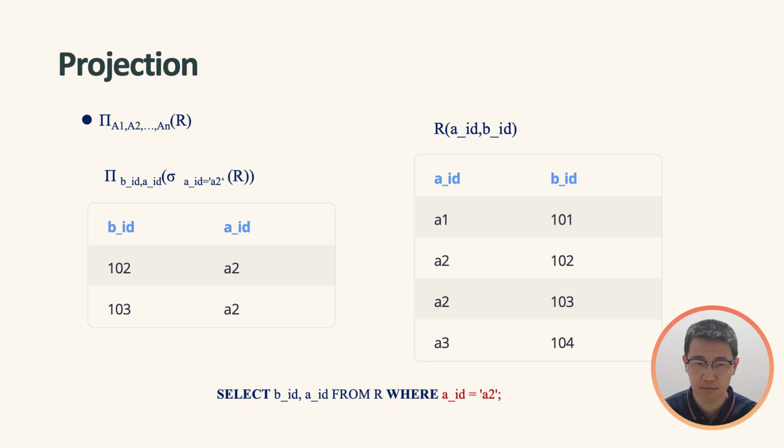If I specify the order as b_id, a_id, then what it projects in the end will be b_id 102, a_id a2, b_id 103, a_id a2, thus performing such an operation. Essentially, this corresponds to the SQL command select attribute names from relation or table, where specific conditions are set.